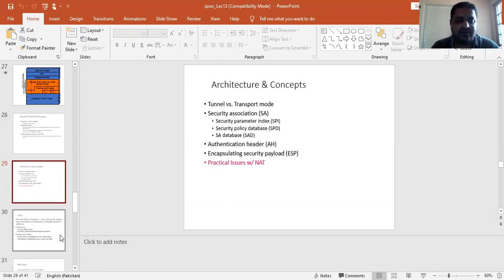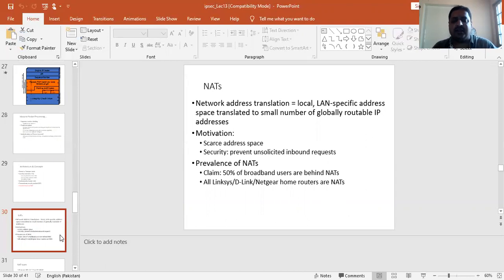Then we have some other topic, like network address translation, that is used to translate a particular address to another address. For example, when we are sending data to another system in the same network, it uses an IP address that is used by the network locally.